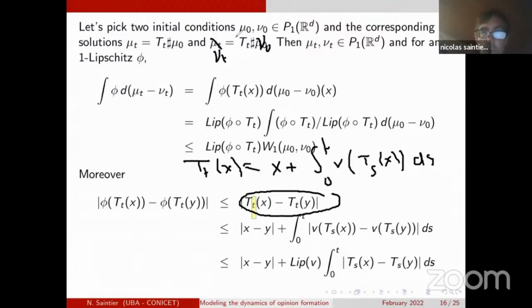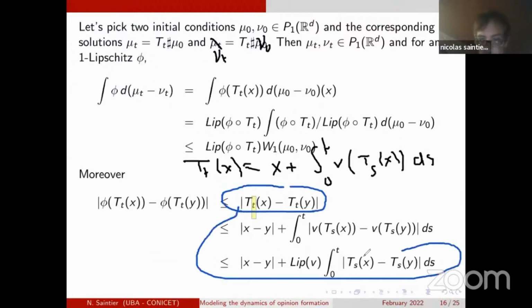And now, to conclude, if you look at this inequality here, we could apply the Gronwall inequality. Easy, right? Because the function we have here is exactly the one we have in the integral.